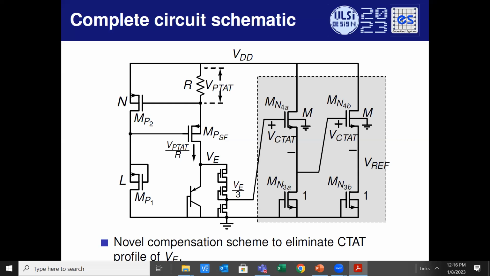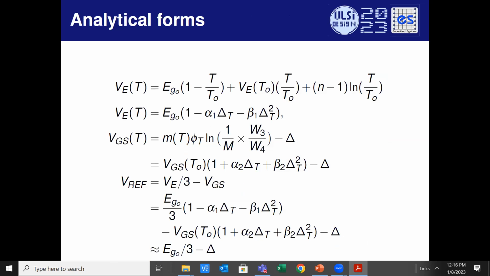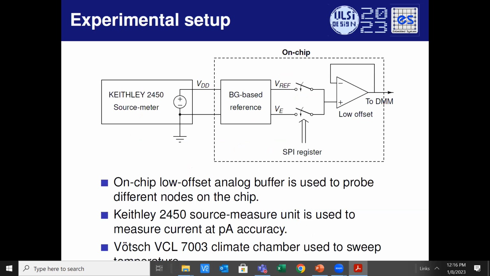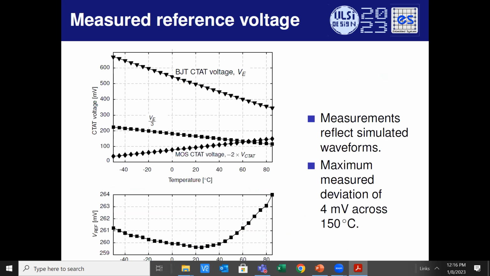So what we did over here is, this is our VPTAT, proportional current, VPTAT by R. That is being added to VBE by 3 over here in this particular case. All right, so I'll skip all these details in the interest of time.